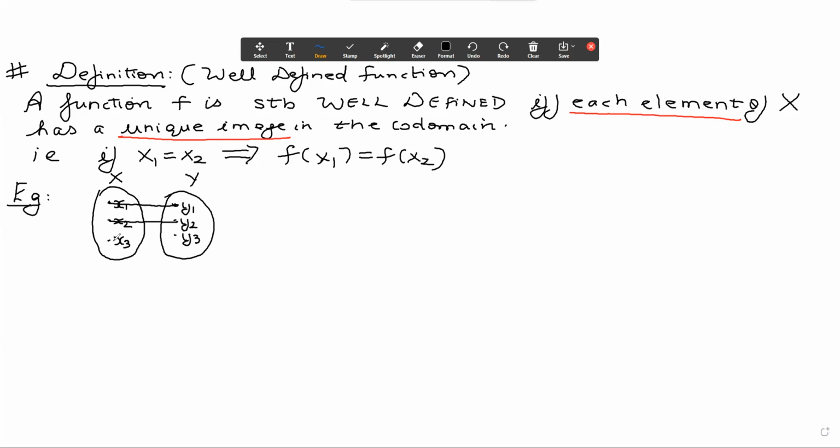No. Why? Because x3 is not related. Now, is this a function? Yes. You can see every element of X is related to exactly one element in Y. What is y1? f of x1. What is y2? f of x2. What is y3? f of x3. So this is the example of a well-defined function.